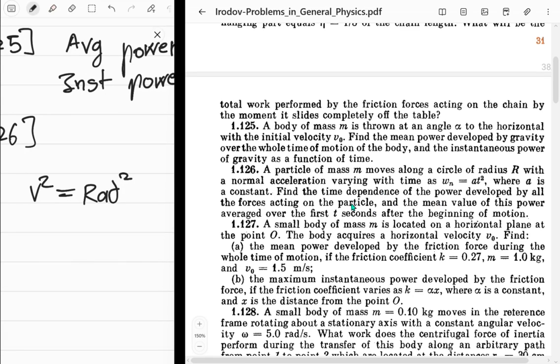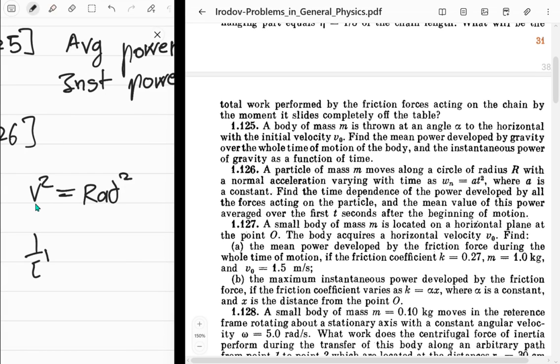Power developed by all the forces acting on it is just the tangential force times the velocity. Oh, wait, we don't even need to do that because they already gave us the kinetic energy by giving us v squared.